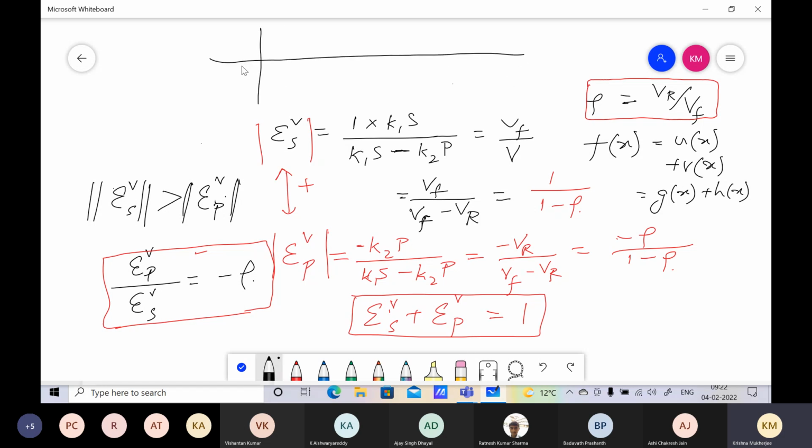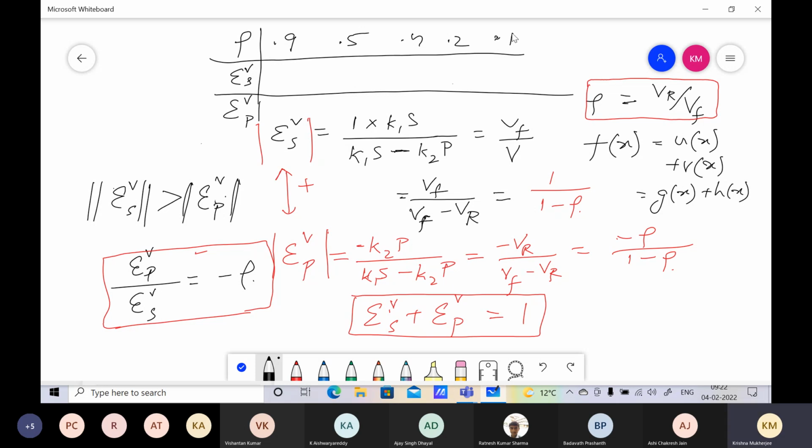So let us take rho values, and then you tell me EV by S and you tell me EV by P. Remember it has to be less than 1, and let us say 0.5, 0.4, 0.2, 0.1. What do we get?